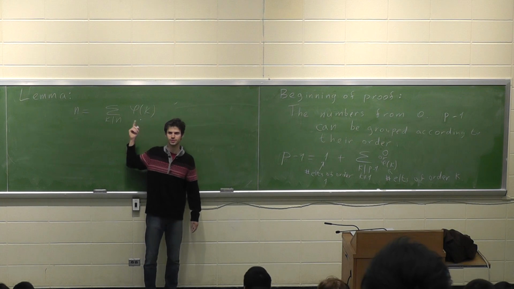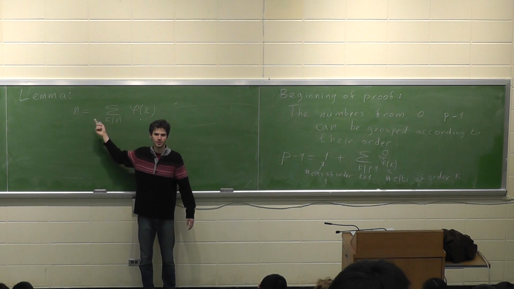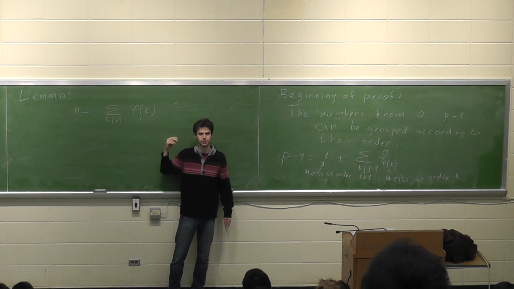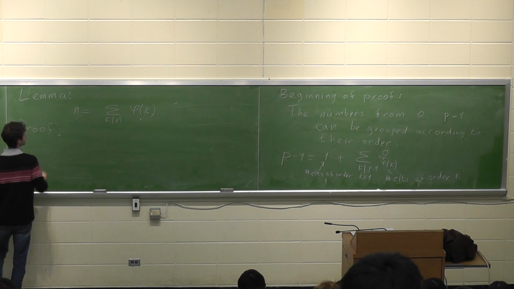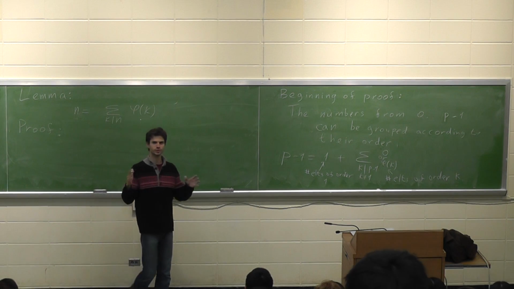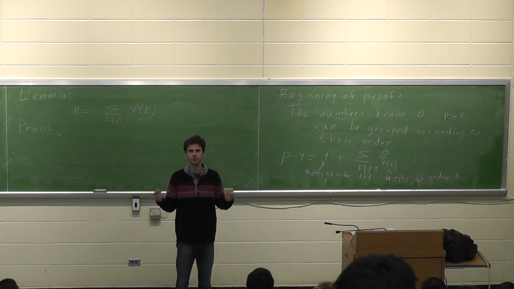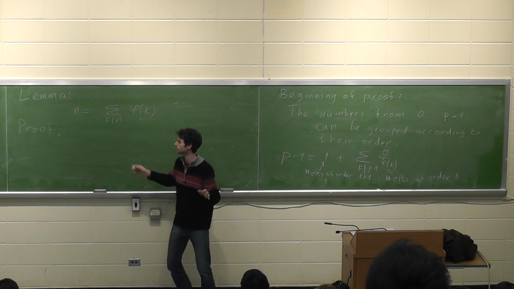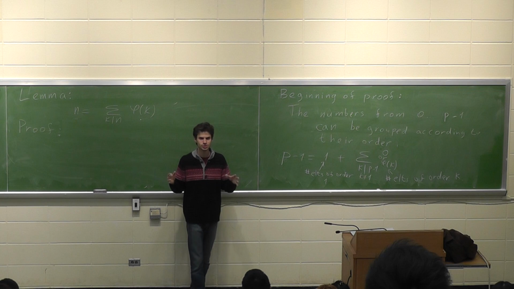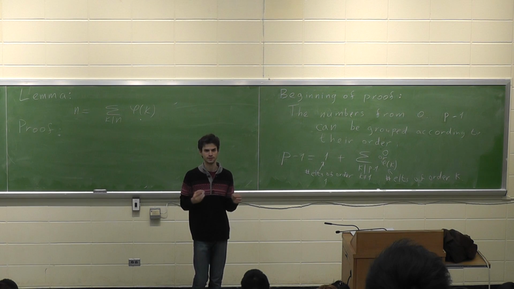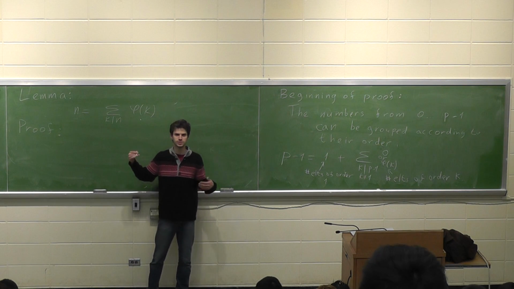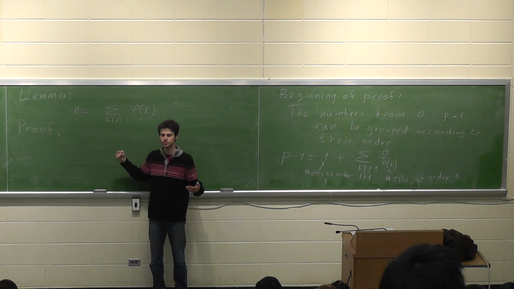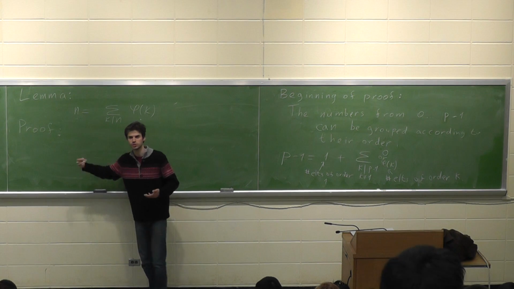Once again, I'll provide a combinatorial explanation for why it is true. Let me consider all the numbers from 0 to n minus 1 and ask about each one of them: what is the greatest common divisor of this number and n? Let me group these numbers according to this greatest common divisor with n. Then I'll count how many numbers have greatest common divisor 1, how many have greatest common divisor 2, and so on.